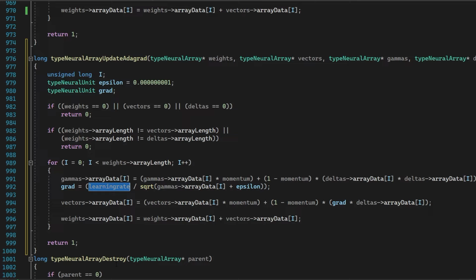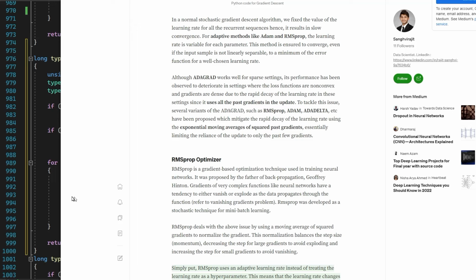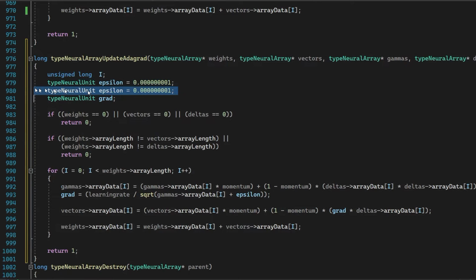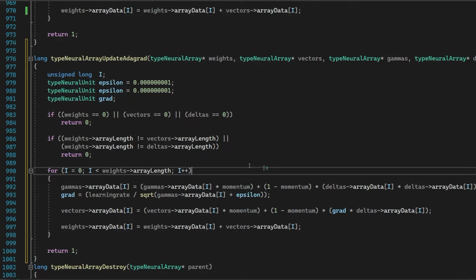Oh, one thing I need to add. This is kind of important. We need a second momentum value, because I've been reading up on AdaGrad, and for it to work it can't just use the same momentum value as the regular momentum.